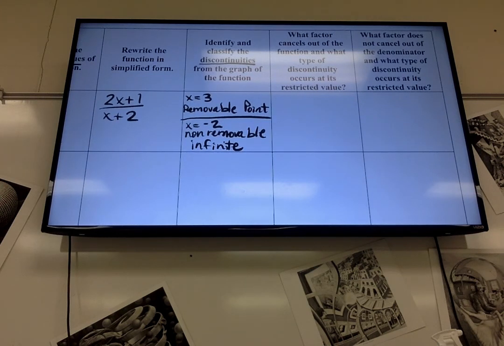So this is just driving that home again. What factor cancels out and what type of discontinuity occurs? Well, when it cancels out, that is the removable discontinuity.